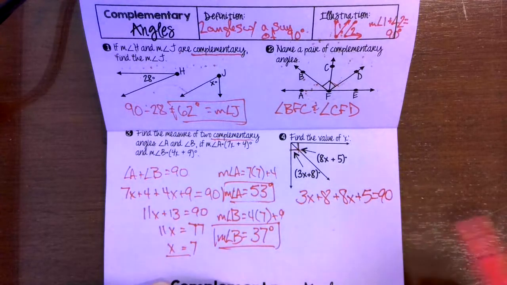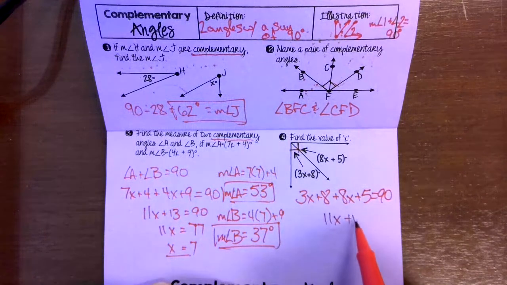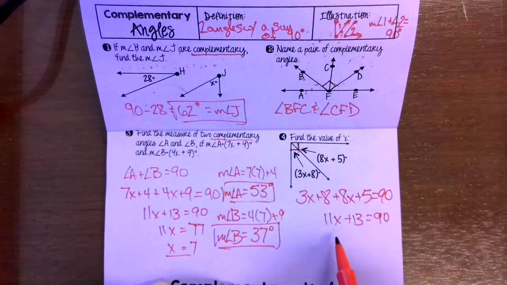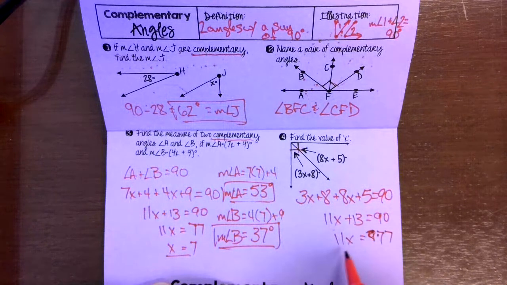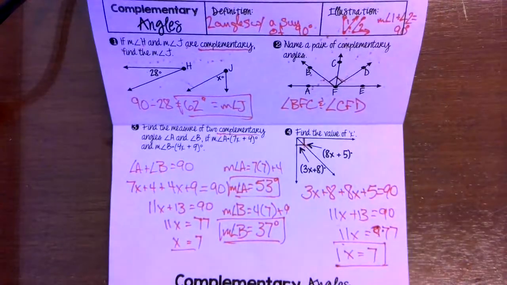Then it's a nice equation. Go through, collect my like terms. Subtract the 13. Divide by 11, and I get x equals 7. So I end up with that. And that's complementary angles.